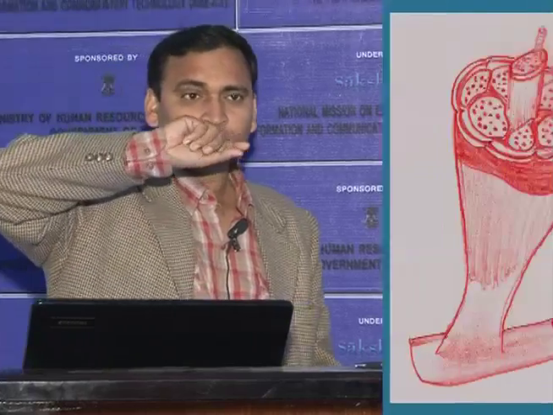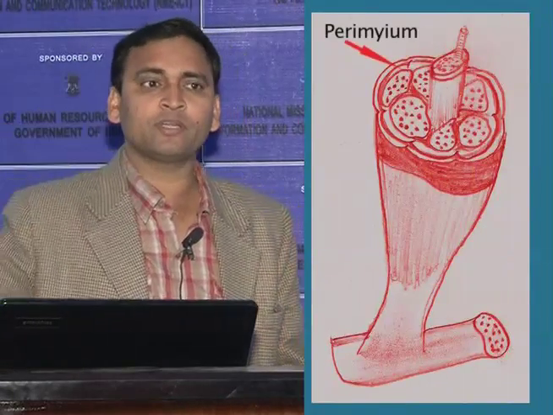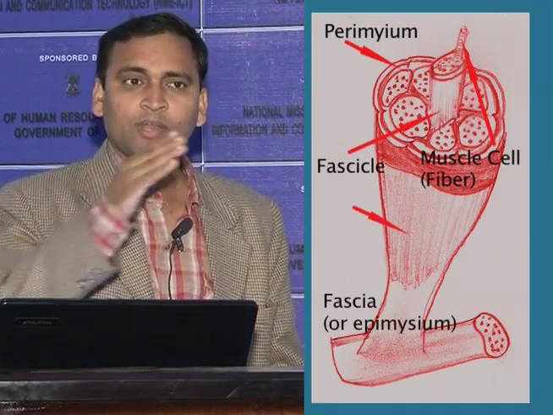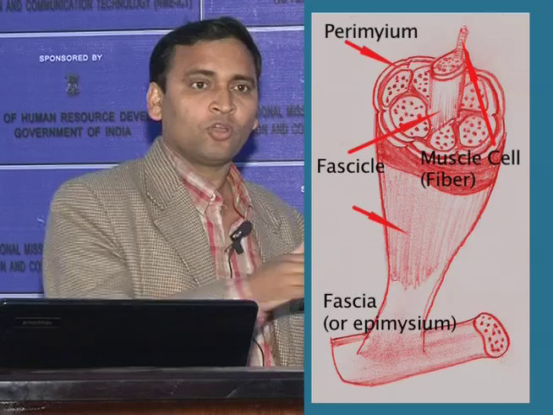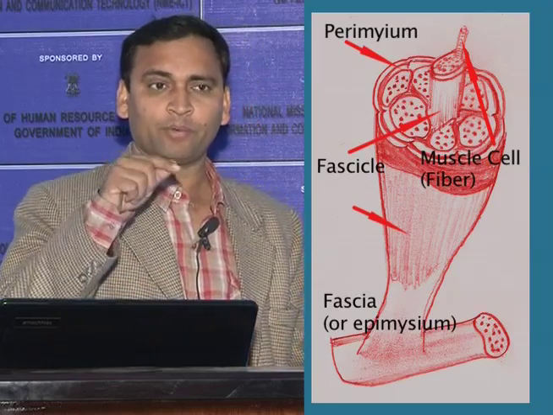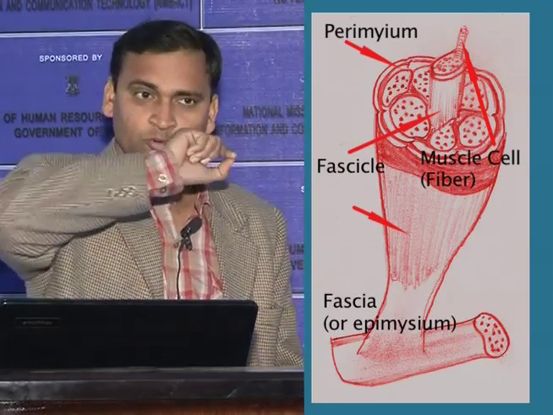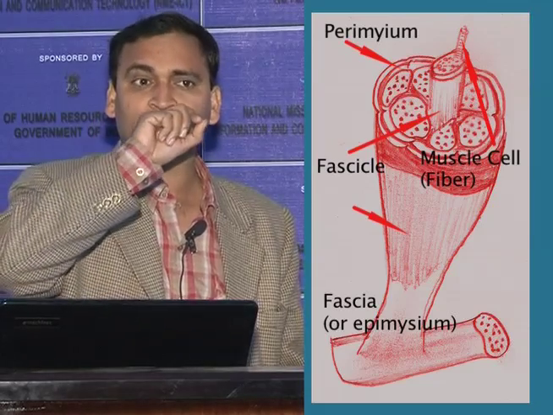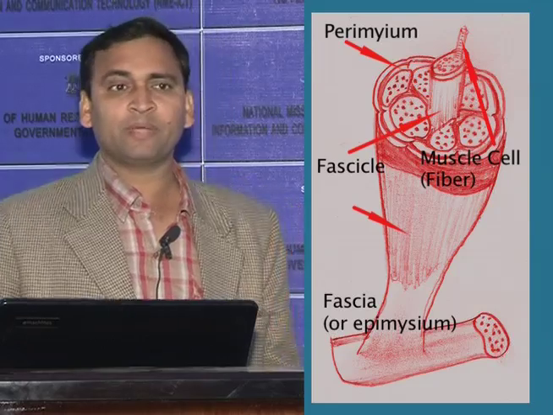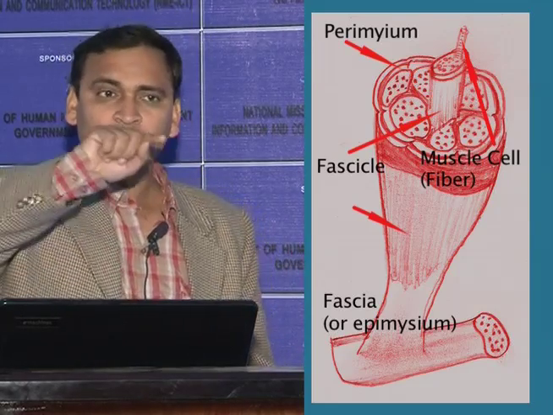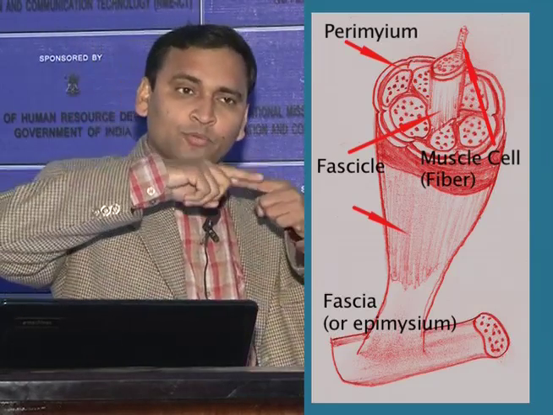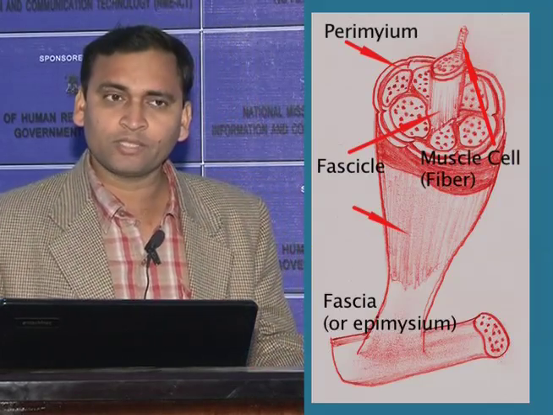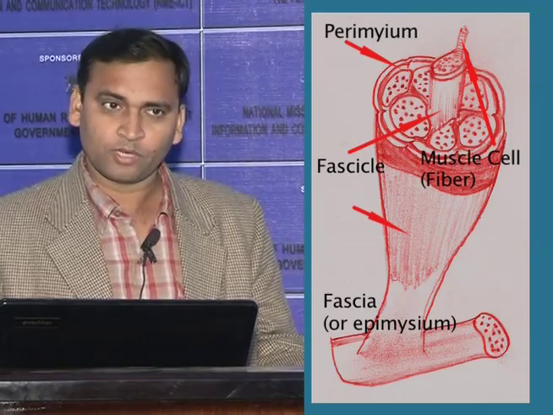Endomysium is the innermost connective tissue sheath which covers the muscle fiber, the main fiber, the thinnest portion of muscle. All muscle fibers are wrapped by a connective sheath known as endomysium. Clear?